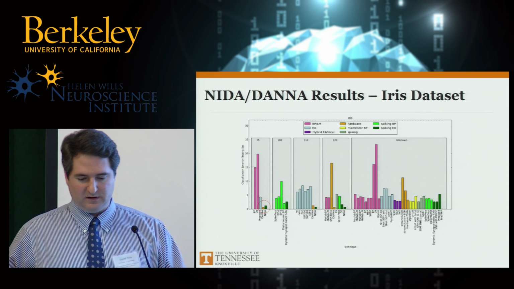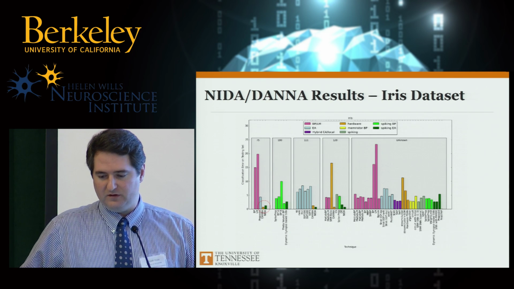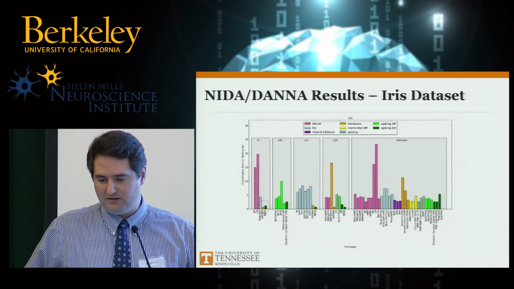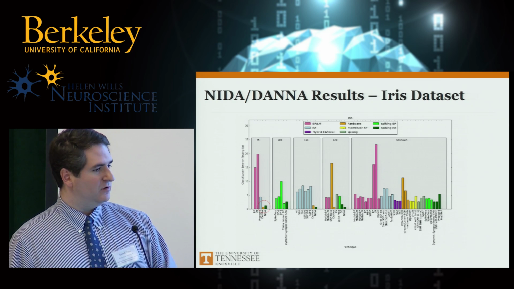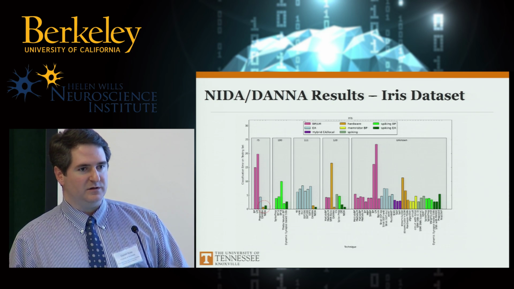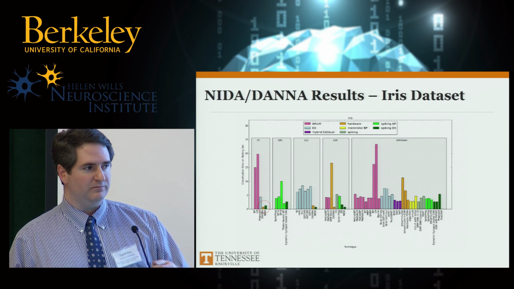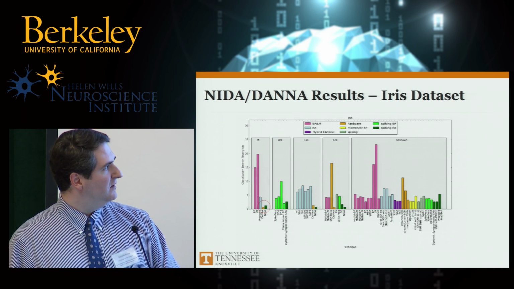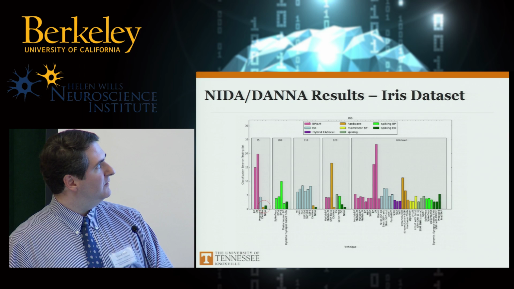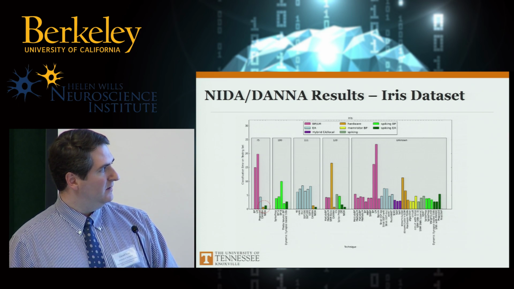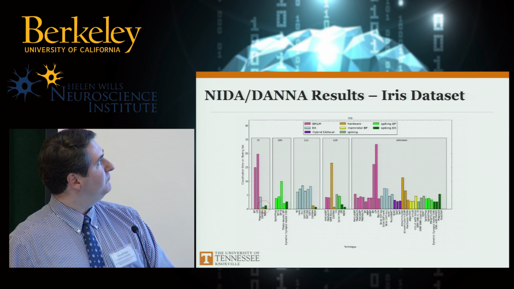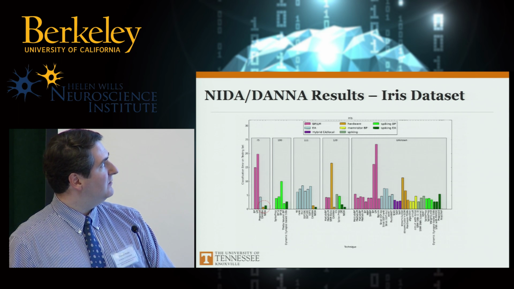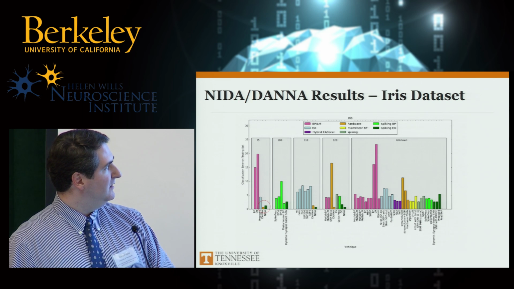And just some results. Again, this is just one of several results that Katie showed yesterday. I wanted to put this here just because even though we have a simple architecture, two parameters per neuron, two parameters per synapse, we do pretty well, at least for these classification problems, relative to a lot of other different approaches. So you can see this is the classification error for the iris data set, and down here you see the results for NIDA and DANNA.